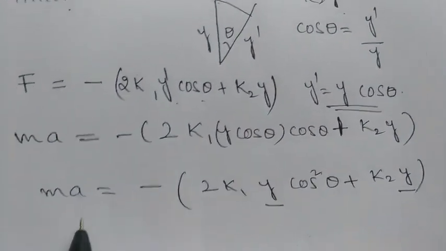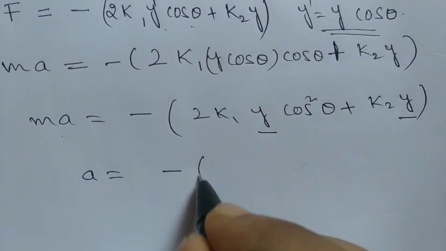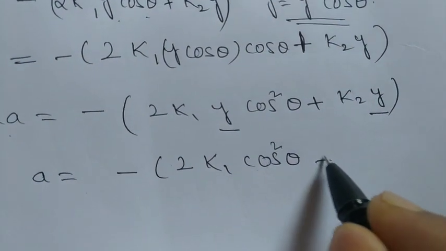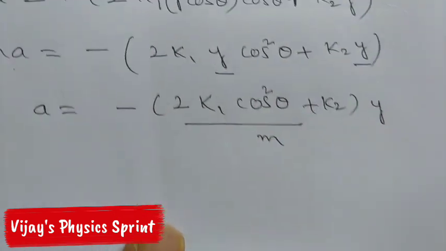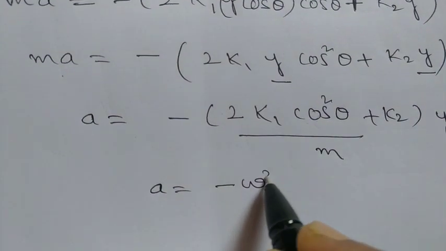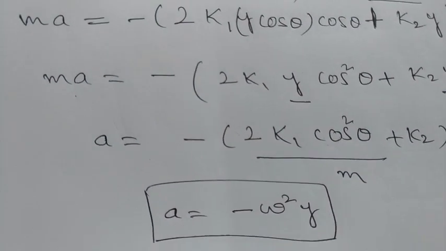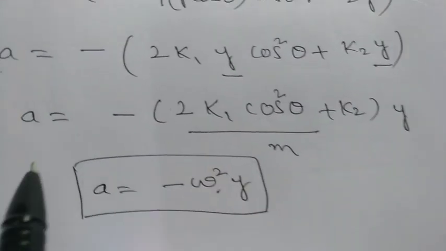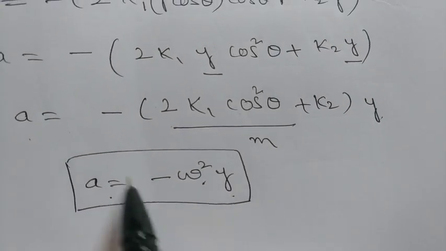Y is taken out and M is brought over, then the acceleration becomes A equal to minus of 2 K1 cos square theta plus K2 by M, into Y. This equation is compared with A equal to minus omega square Y, which is the SHM equation: A is proportional to minus Y, or A equal to minus omega square Y. Comparing these two equations, the acceleration is the same, the displacement is Y, and the minus sign is okay.